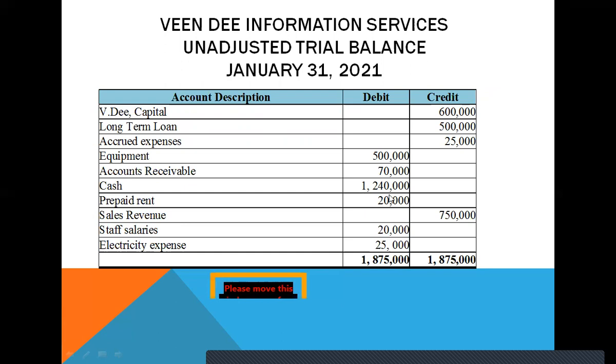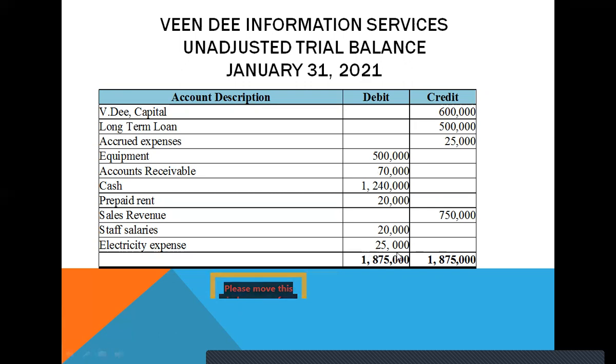If you can remember, this was taken from the cash ledger, the running balance of cash, so the balance of cash at the end of the month is 1,240,000 pesos. Prepaid rent of 20,000 pesos, sales revenue of 750,000 pesos, staff salaries 20,000 pesos, and electricity expense of 25,000 pesos.